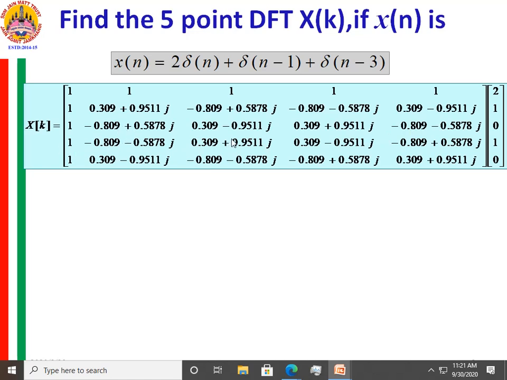Then you have to use the symmetry property of this twiddle factor and compute only the 5 distinct twiddle factors. Using the symmetry property and the periodicity property of the twiddle factor, you can replace W raised to 6, 5, W raised to 8, 5, W raised to 9, 5, 10, 5, 11, 5, 12, 5, by mapping the twiddle factors on a circle.